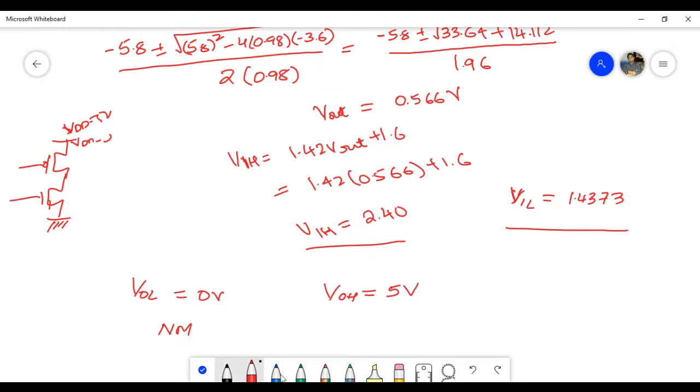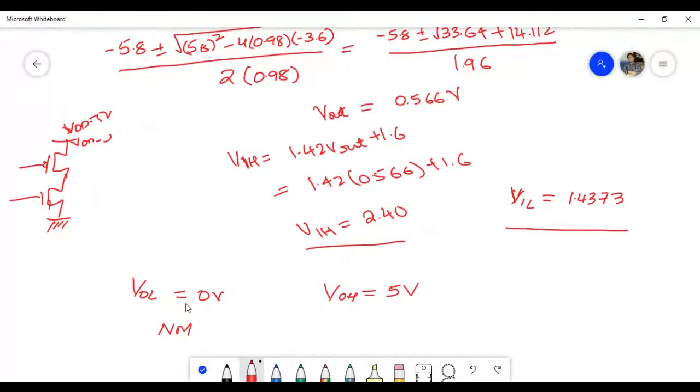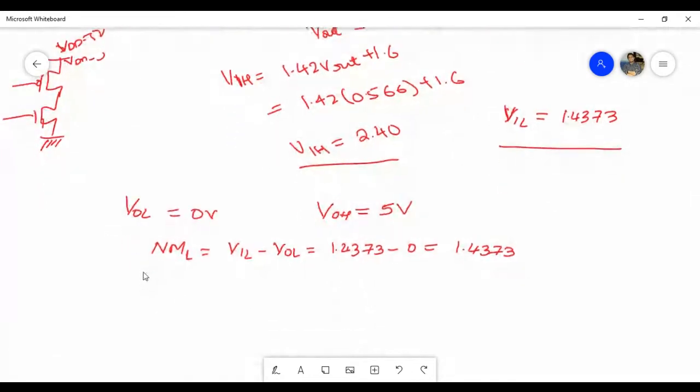What is NM? Noise margin for the low will be how much? For low, it's VIL minus VOL. What is VIL? 1.4373 minus VOL, which is 0. So it will be 1.4373 only.